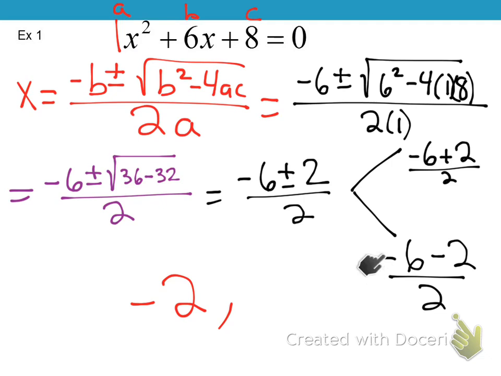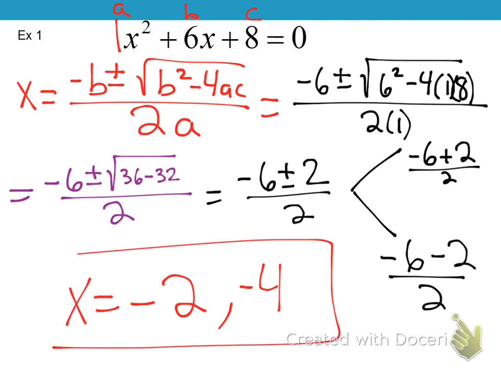What is negative 6 minus 2? Negative 8. What's negative 8 divided by 2? Negative 4. And this is an x equals. Good. So, you might be saying to yourself, well, why didn't I just MA this, x plus 2, x plus 4, solve those two equations and be done with it?